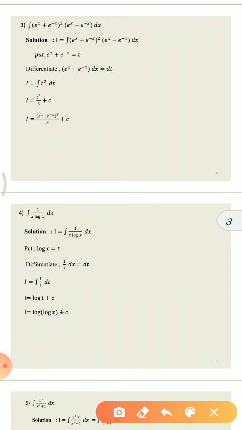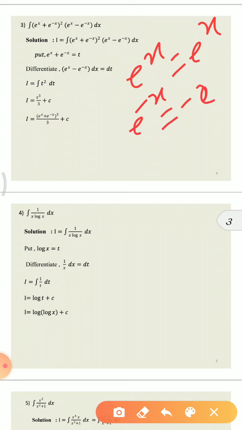Okay, and we know the derivative of e raised to x is equal to e raised to x, and of e raised to minus x is equal to minus e raised to minus x here.